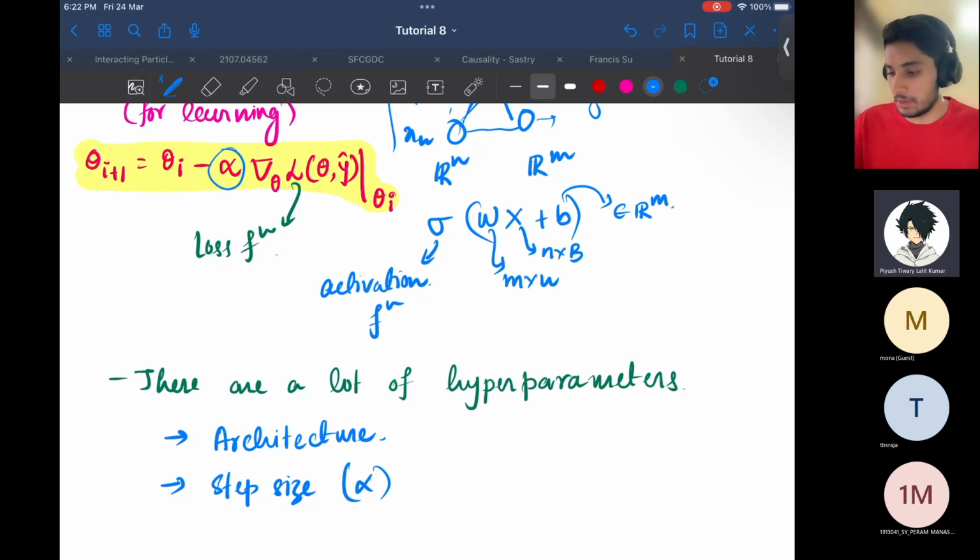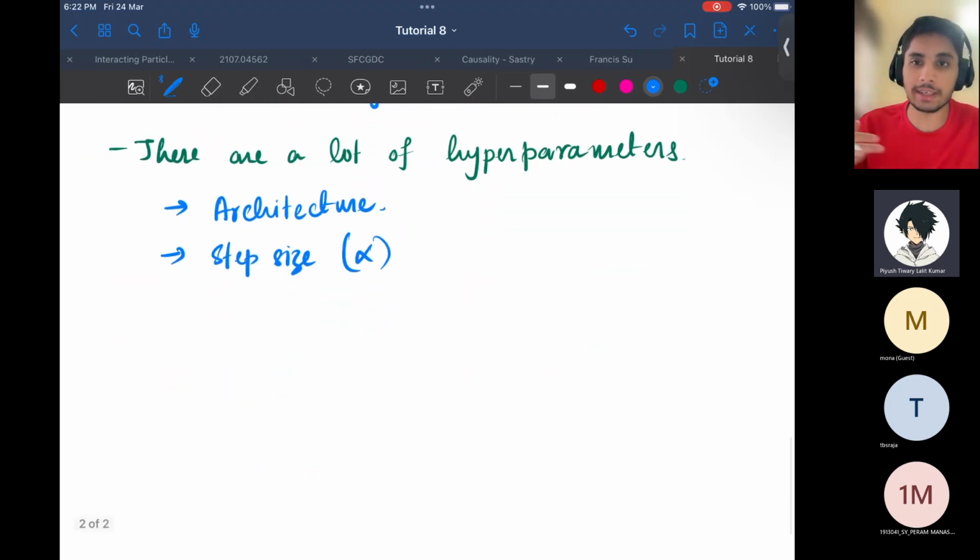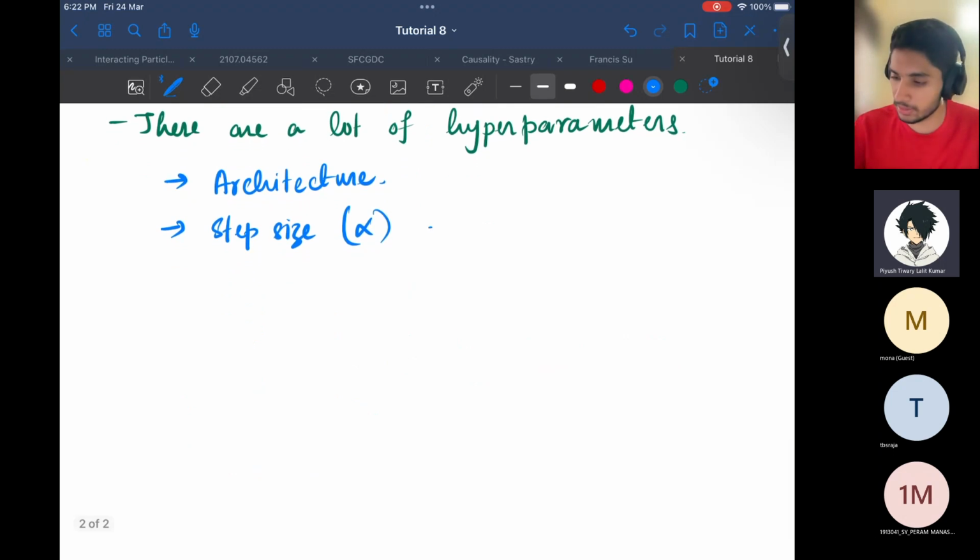We don't know, there is no thumb rule to choose an alpha, but when we were doing these assignments on optimization, we saw what is the effect of choosing different values of alpha. What if we choose a large alpha? What if we choose a very small alpha? And stuff like that, right? So this is something that we have already studied. Let me just write it down. Already studied.